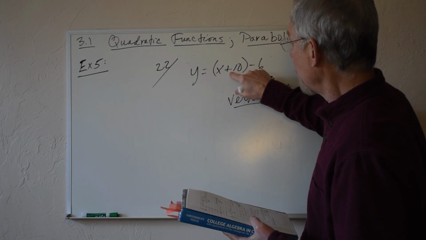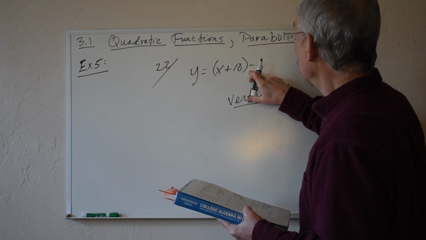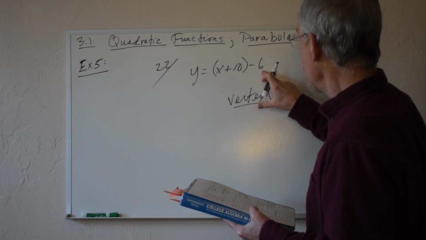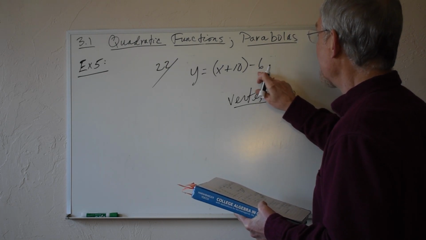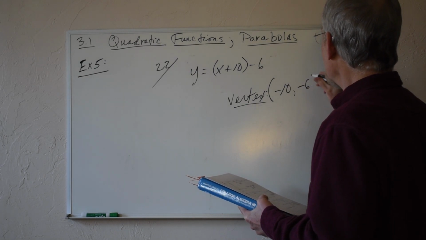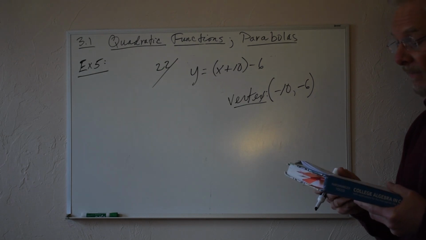So when we have x plus 10, that means x minus a negative 10. And we have to add k. So we're adding a negative 6, which tells me k is negative 6. Therefore, my vertex occurs there at negative 10, negative 6.